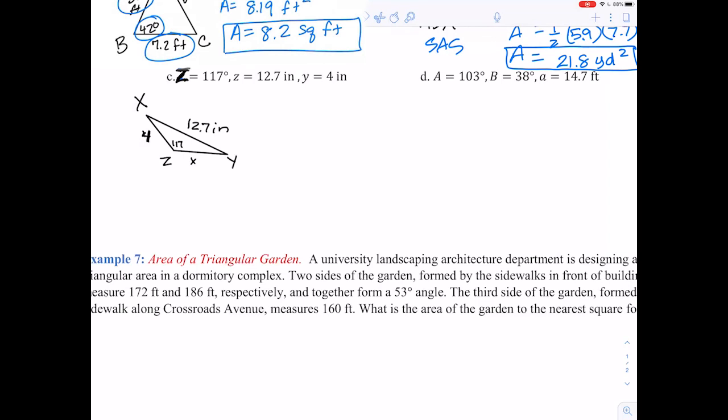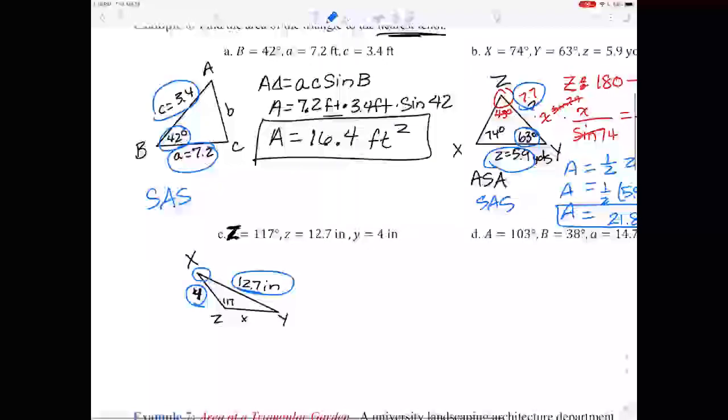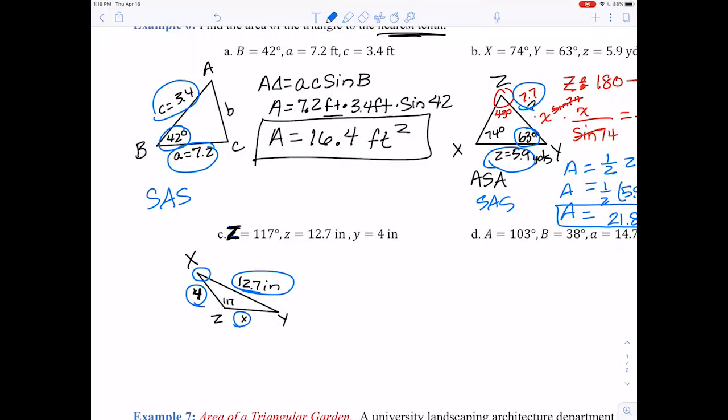And we want side, angle, side. So let's see what we have here. We have two sides, here and here. So if we could get this included angle right here between them, then we'd have side, angle, side. So I'd really like to find angle X. But here's the thing: I don't know anything about side X, so that's not useful.